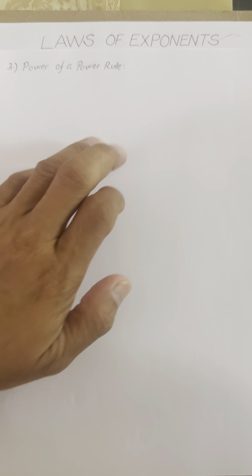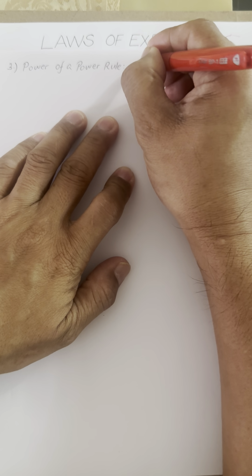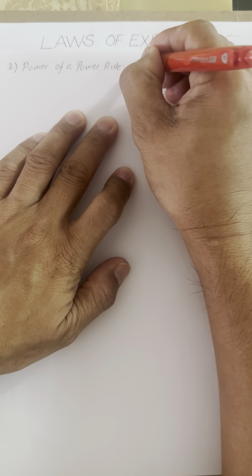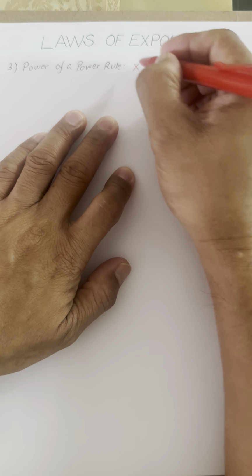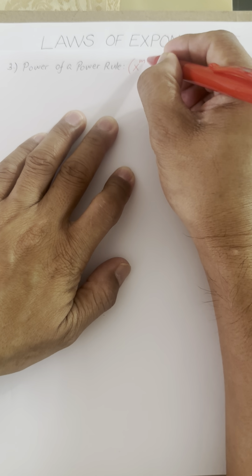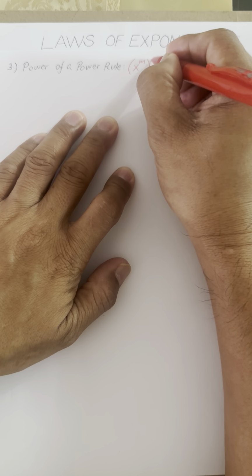So our next video will focus on the third law of the exponents. It is called the power of a power rule. This is expressed in this form: x to the power m, and then raised to a power n.